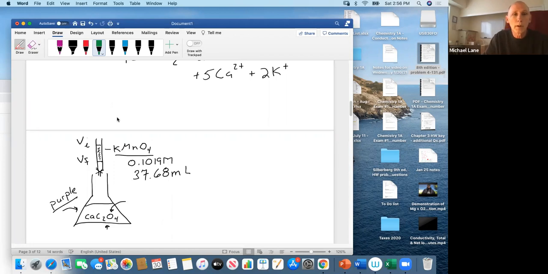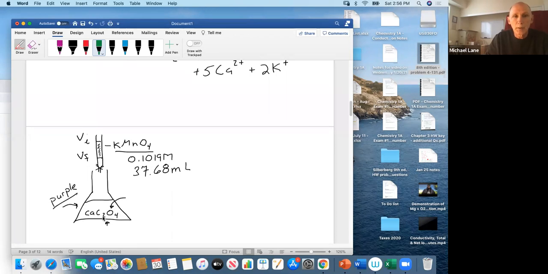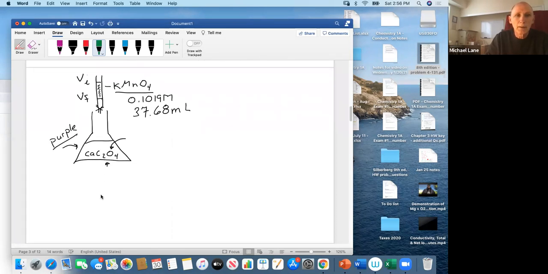So now I'm going to walk through the calculations using this information to determine the number of moles of oxalate. And later on, we'll see number of grams. But let's worry about finding the number of moles of oxalate. So we stare at this for a moment. Maybe you just paused the video and came back and are now looking at it again, wondering how we do this.